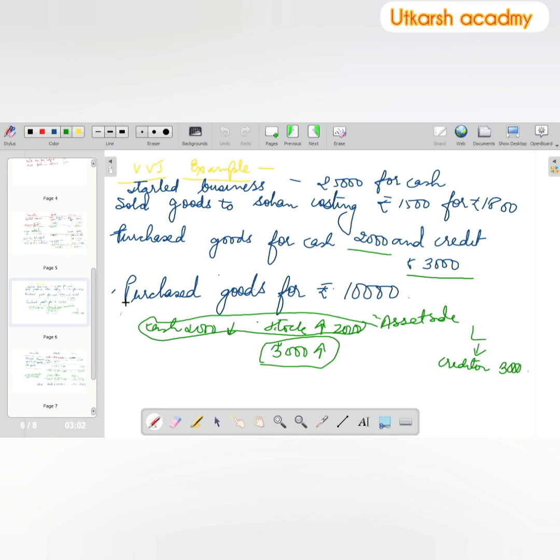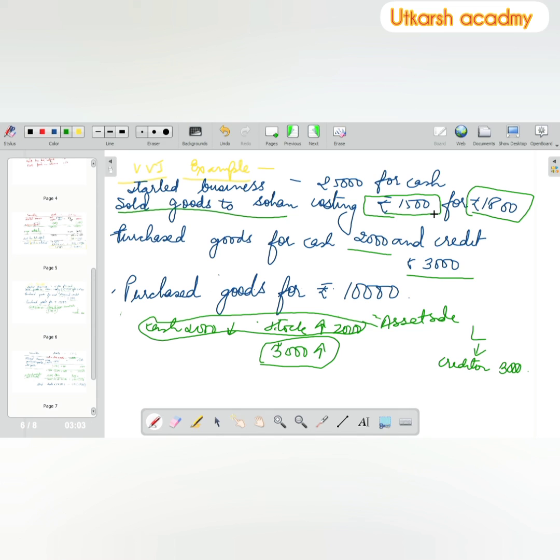is sold goods to Sohan costing 1,500. The cost was 1,500 and it has been sold for rupees 1,800. Means cost price is 1,500 and selling price is 1,800. What is the profit over here? 300. And I have told you, as the rule of accounting equation, whatever the income or expense will be there, it must be added or subtracted with capital.